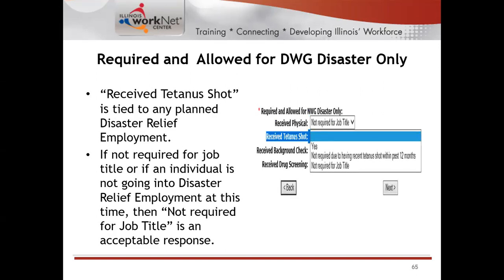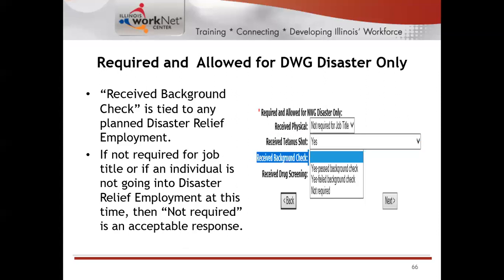Same for received disaster or tetanus shots. Yes, they've had a shot. It's not required for the shot due to had a recent tetanus shot in the last 12 months, or not required from the job. The received background check. Yes, passed background check. Yes, failed background check, not required. If you put yes, failed background check, it's a stop.